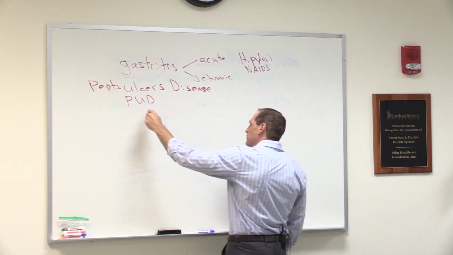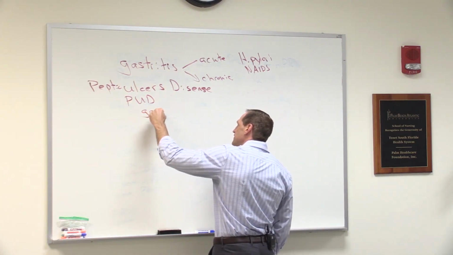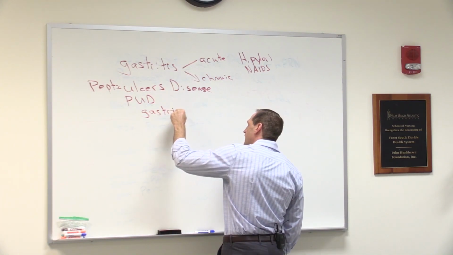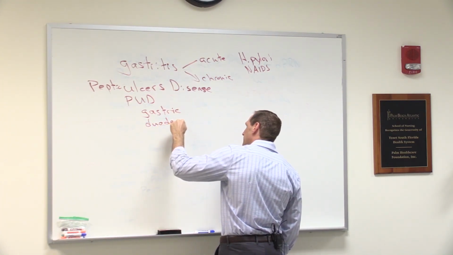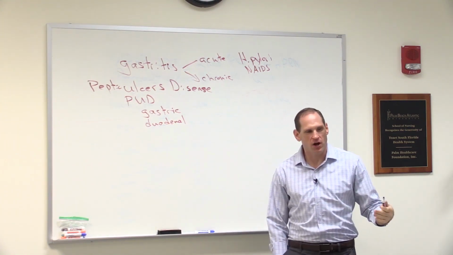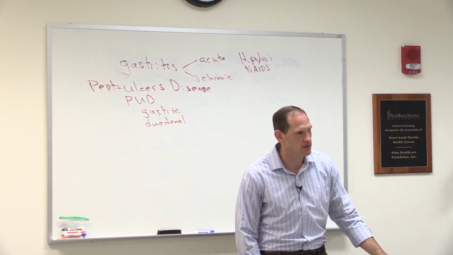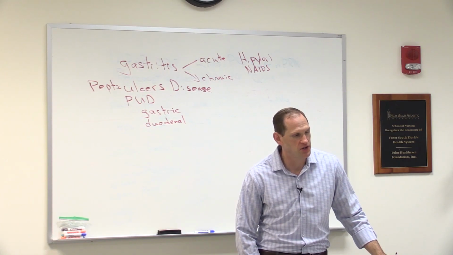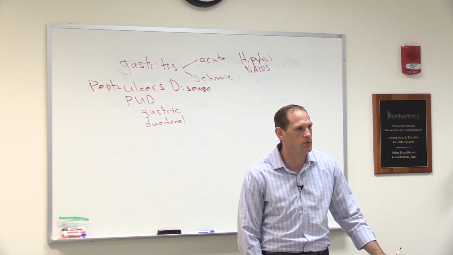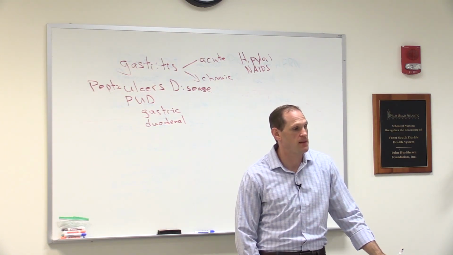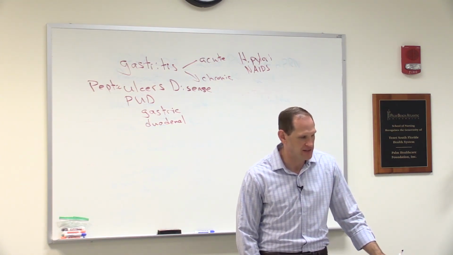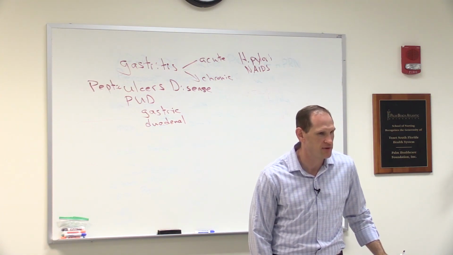PUD comes in 2 major forms, gastric and duodenal. Typically, duodenal ulcers are a little less severe in terms of symptoms, and they're more likely to spontaneously resolve. Gastric ulcers are typically more severe in symptoms and less likely to spontaneously resolve.